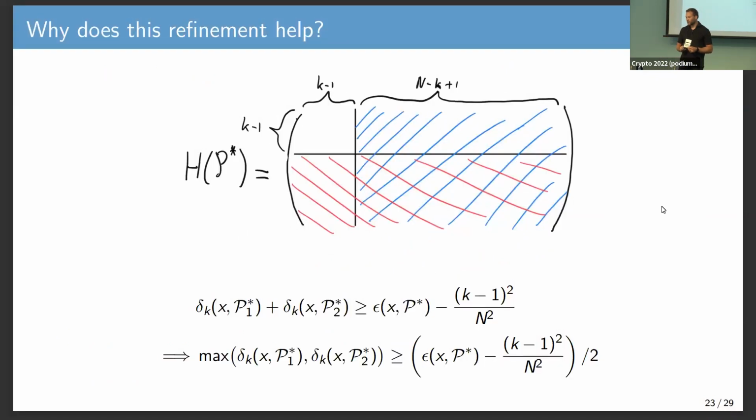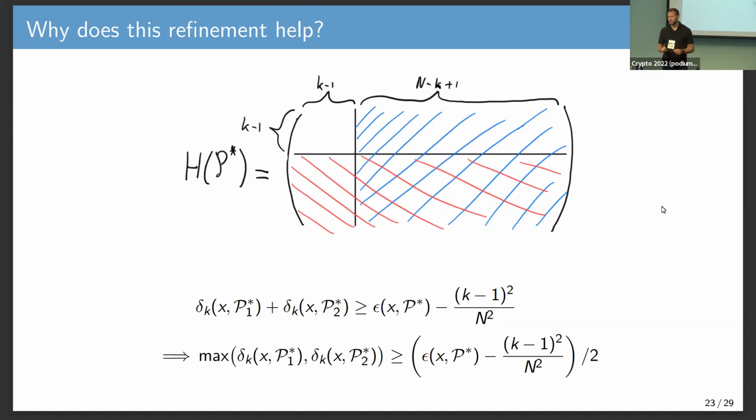If you take another look at this, you see that if you add these two parts together, the only part that is not covered is the white part in the top left corner, which is of size K minus 1 by K minus 1. So it's easy to see that the sum of these two delta values, the blue and the red value, is at least epsilon minus (K minus 1) squared divided by n squared, where we recall that epsilon is the fraction of one entries in the entire matrix.